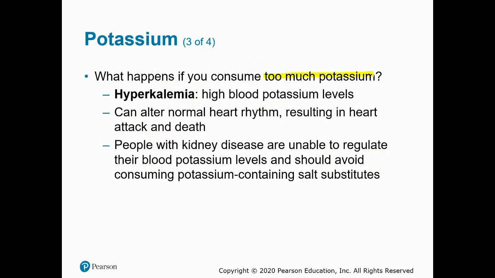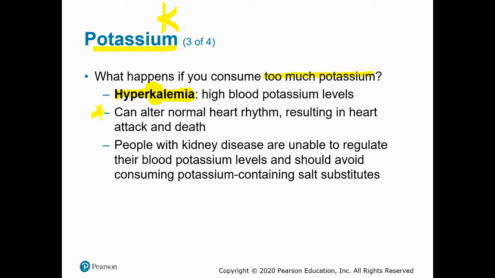What happens if we have too much potassium? So again, hyperkalemia. Don't confuse this with calcemia. Kalemia is referring to potassium. If you remember in the periodic table of elements, potassium is abbreviated with the letter K. So hyperkalemia is referring to too much potassium, so high blood potassium levels.